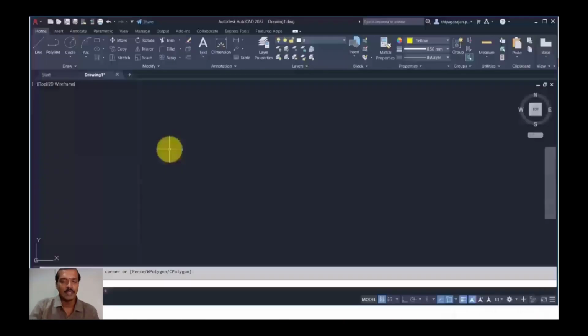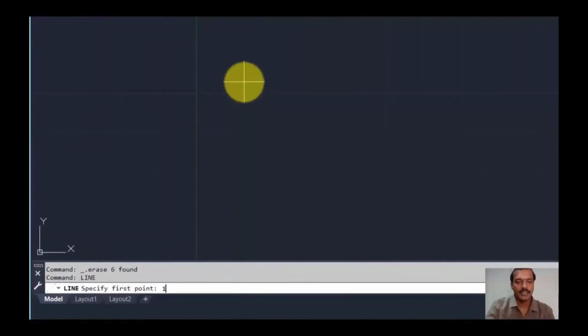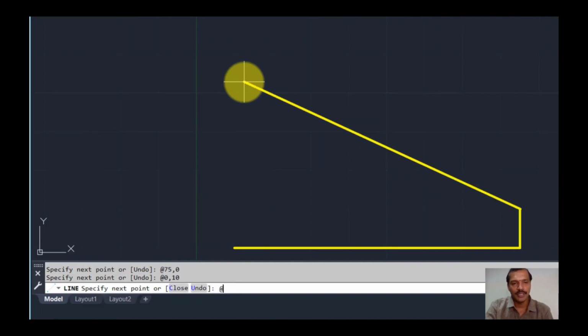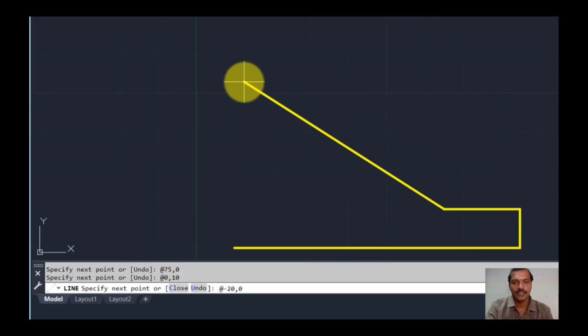Okay, right. So the line starting point is 10, 10. From here, x is 75, 0. From here, x becomes 0, y will become 10 mm positive. From there, I have to move the line towards the minus x direction of 20 mm. So minus 20, 0.